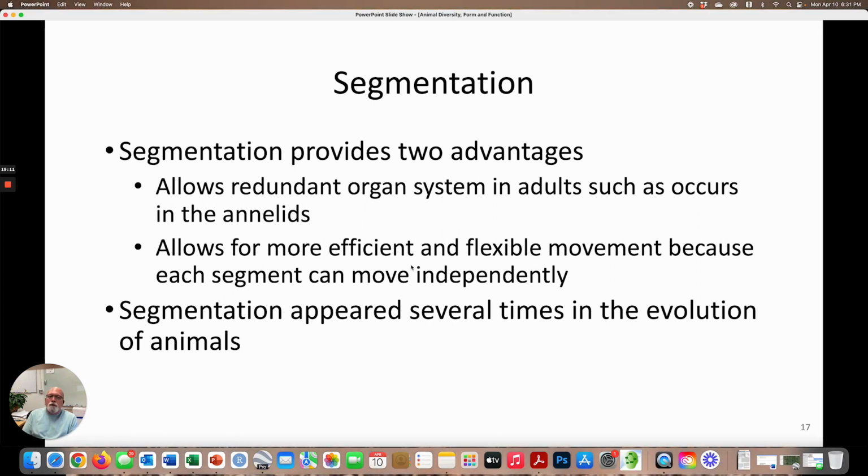We see this especially well in things like snakes, where the serpentine movement of a snake is largely due to the fact that the body is segmented, and we have muscles that act within each segment, and also muscles that act across segments. Segmentation isn't a synapomorphy. It's actually appeared several times in the evolution of the animals.